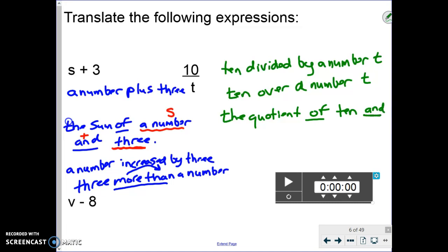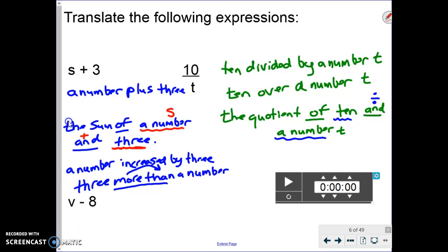That tells me that's where my division symbol is going, and a number. So in this case, the quotient of 10 and a number. "And" tells me I'm moving down to the bottom. And I probably should put at the end there, t.